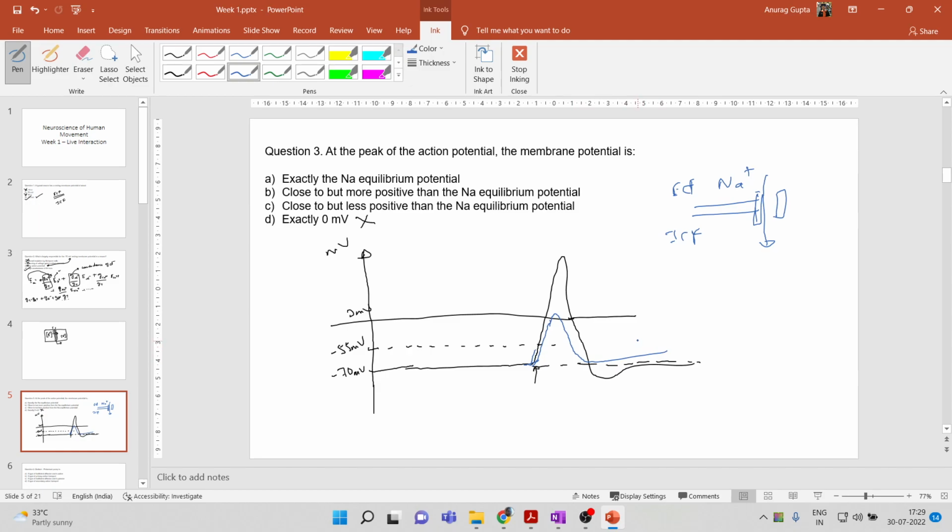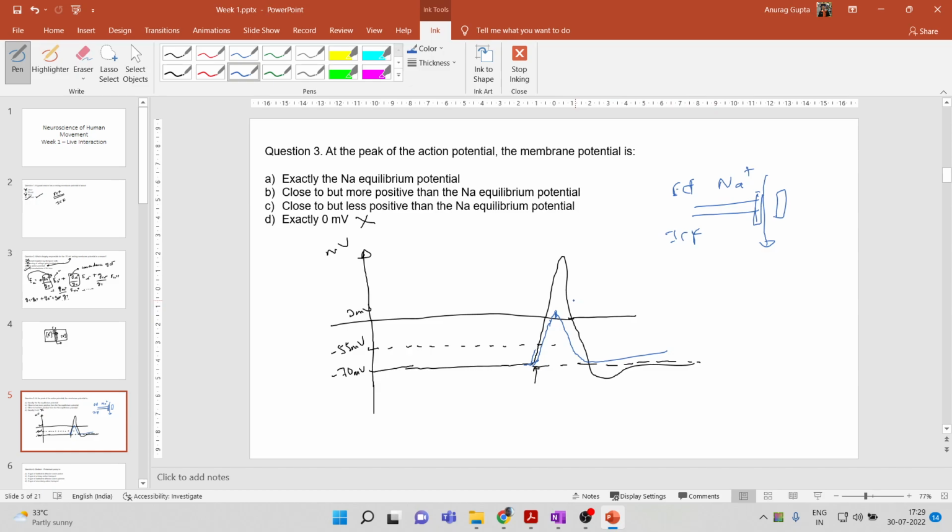So there is a brief window during which the voltage gated sodium channels open up, and then there is a rapid influx of sodium. And here you can see after this the voltage gated sodium channels start to close.